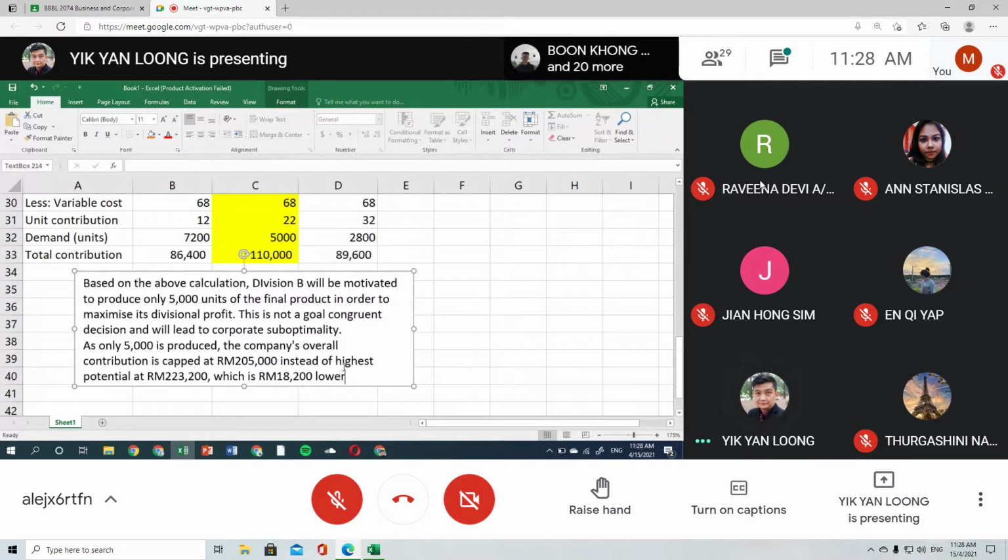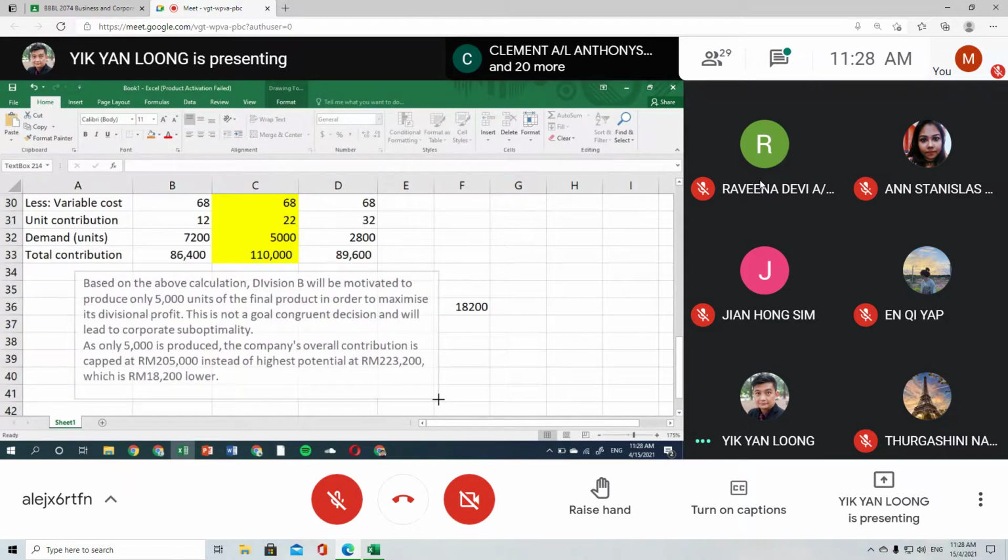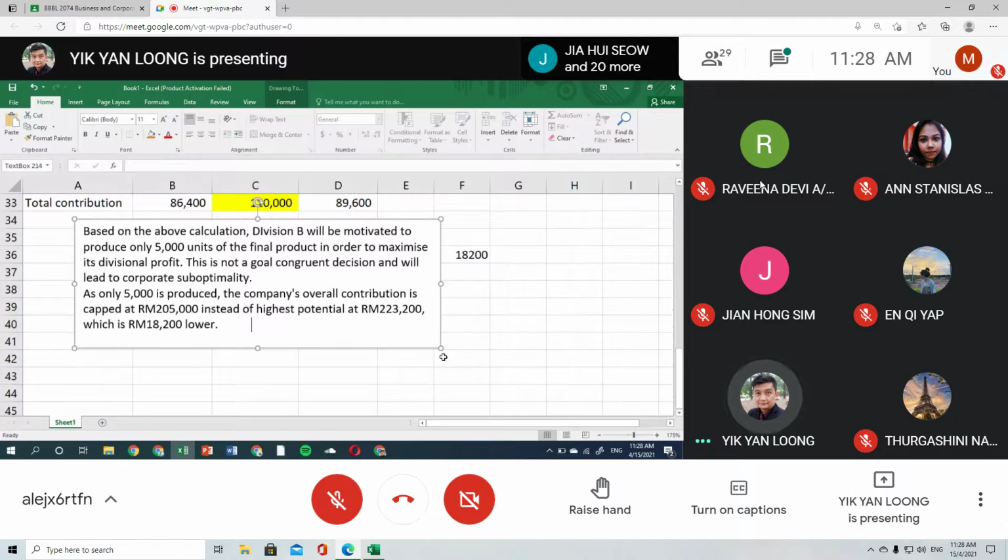So, right, let me double confirm. This is equal to 223,200 minus 205,000. So that is a difference of 18,200. Yes, correct. So you have to further explain that this transfer price is inappropriate, right?